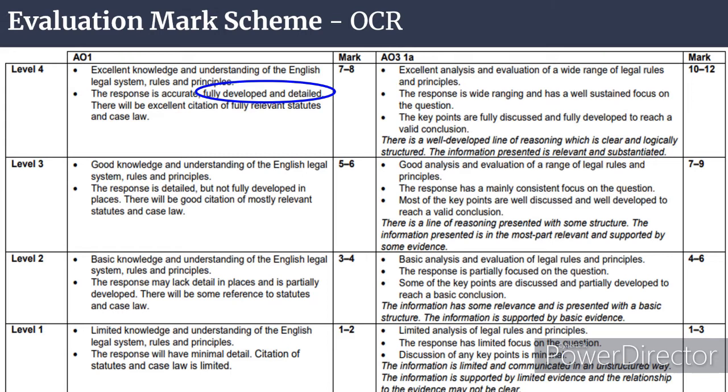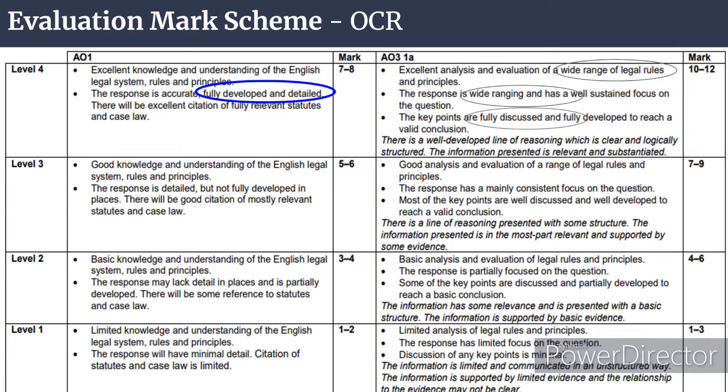So looking at the mark scheme first of all, you'll see I've already highlighted level 4, fully developed and detailed, AO1 that is. So you can see there's 8 marks for AO1 and 12 marks maximum for AO3 evaluation. And this fully developed and detailed appears throughout the mark scheme.